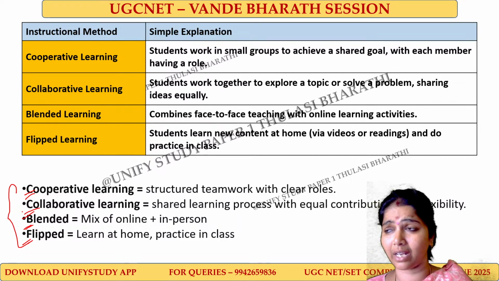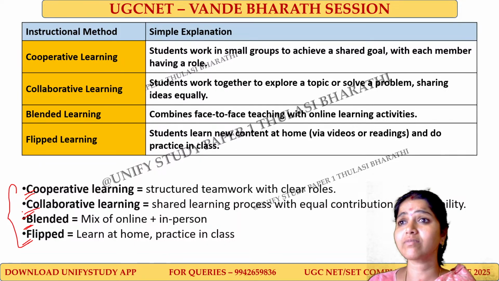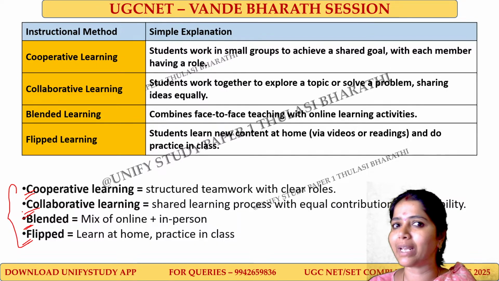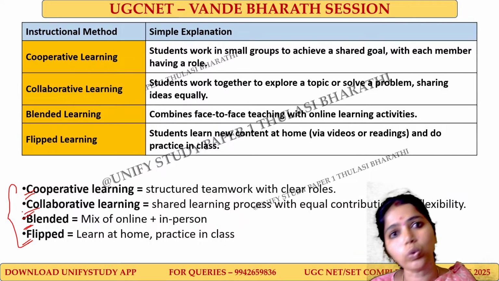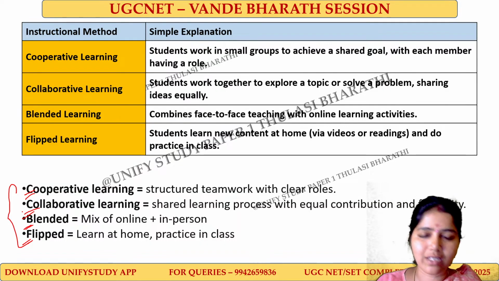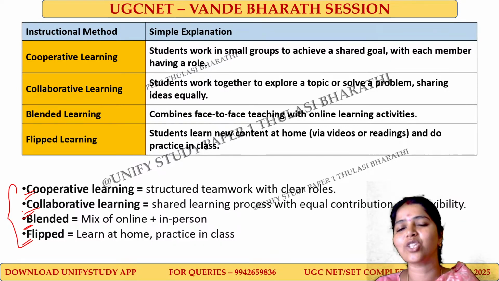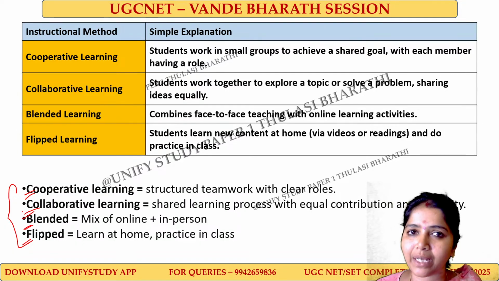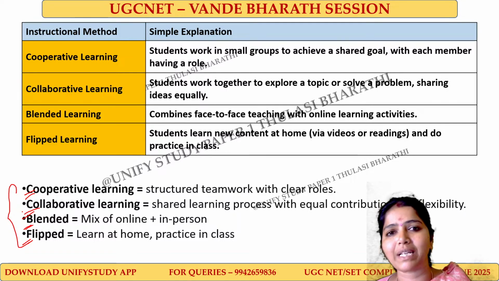In cooperative learning, people interact with each other, so social skills will be developed, and positive interdependency will be there between the students to do a task, right? Some may know, some may not know, but they coordinate and cooperate with each other to attain the task, so it is called cooperative. But in the case of collaborative, equal responsibility will be shared among the people, and that is called collaborative learning.